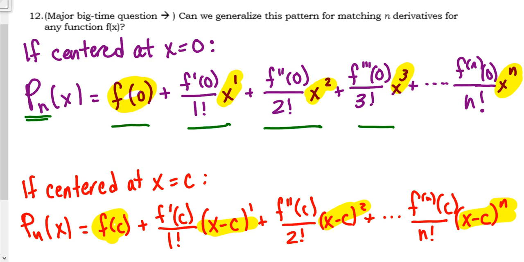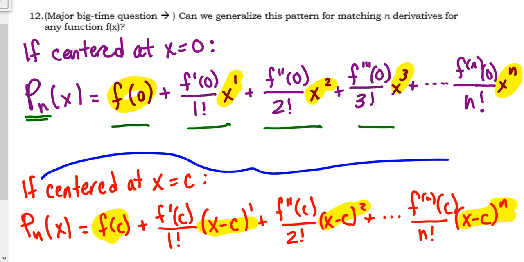So because the second one is the more general case, all of this gets called Taylor polynomials. And when you have an infinite number of terms, instead of ending at n, it's then called a Taylor series. The Taylor polynomial is clearly a polynomial, and the Taylor series is just an infinitely long polynomial.